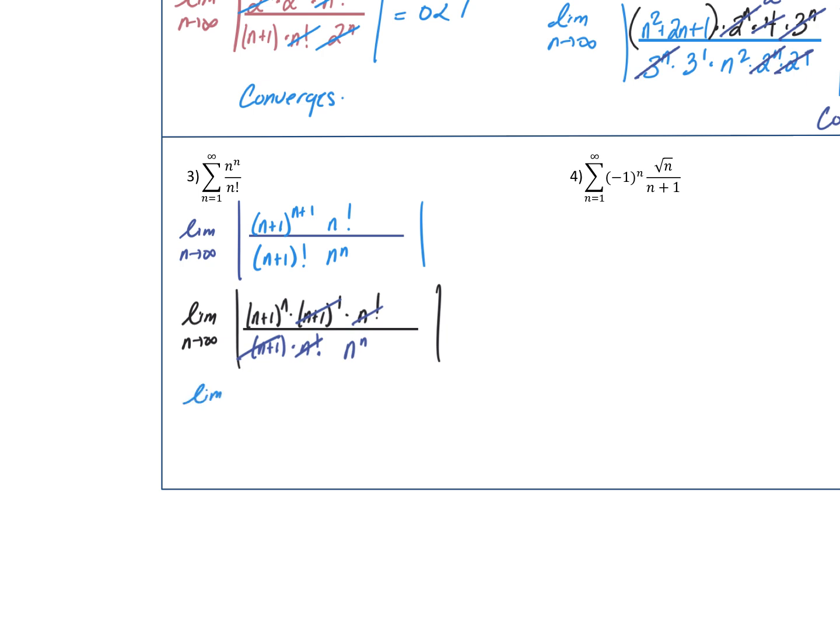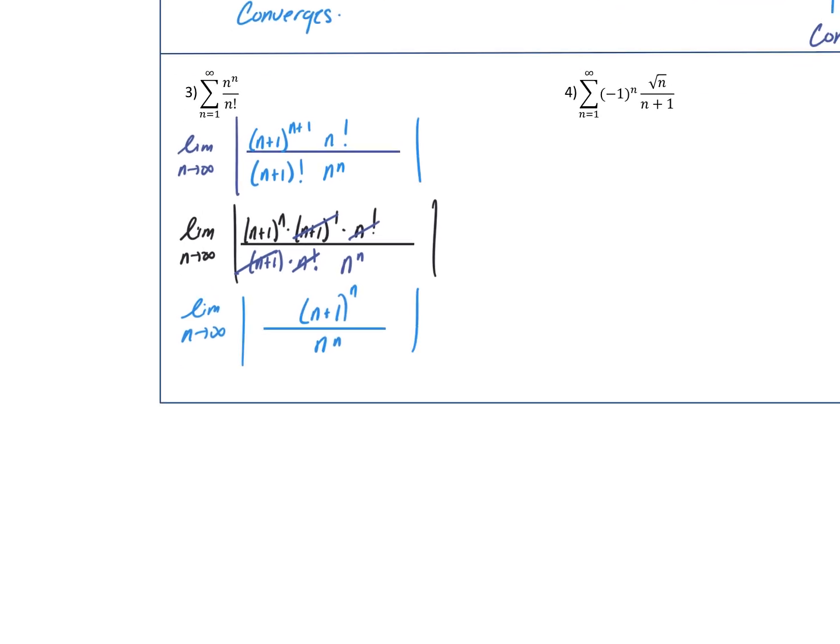Okay, so this is going to work out. Limit, I was a little concerned, to be honest. But all right, so I really could write this as n plus 1 over n. They're both to the nth power. So what we could do is write it as n plus 1 over n to the nth power, like that.